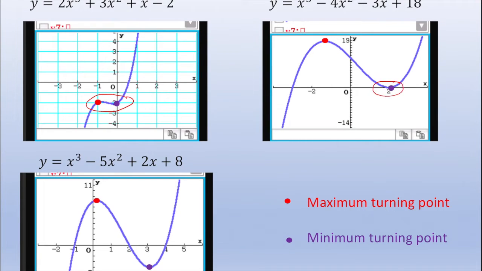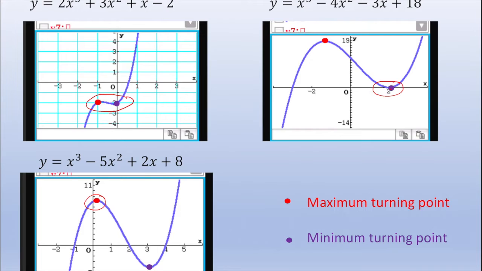Here it is more prominent, and with the third one, it's a lot more prominent. In the second one here, you can see that the minimum turning point is the x-intercept. In the third one, the maximum turning point is not at the y-intercept.